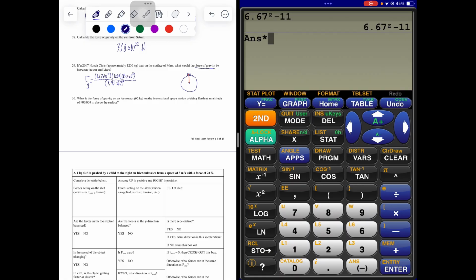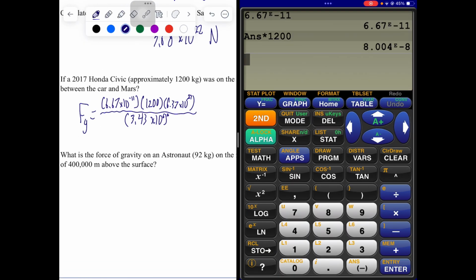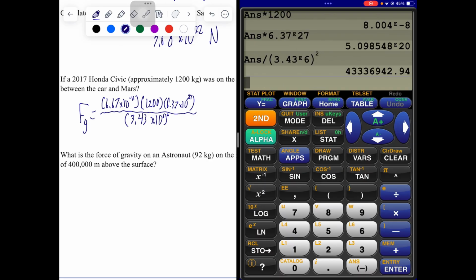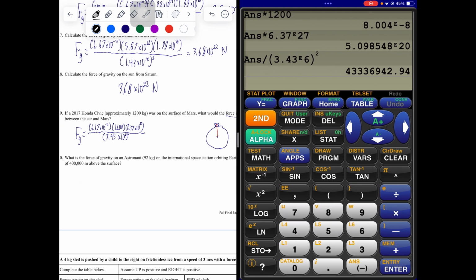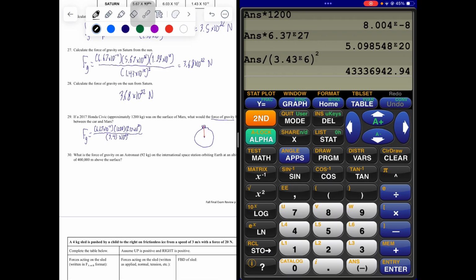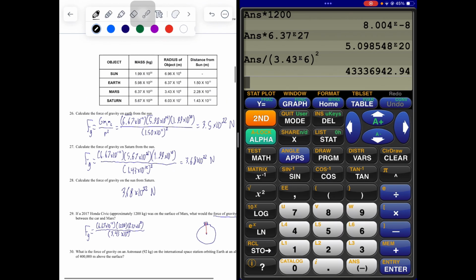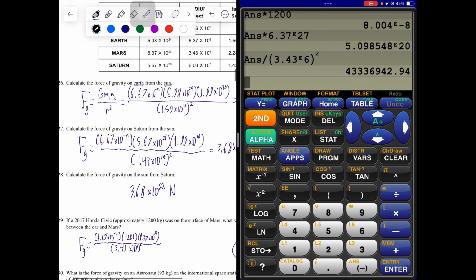Negative 11th times 1,200 times 6.37, 27, divide by, put it in parentheses, 3.43 to the 6th, and square.